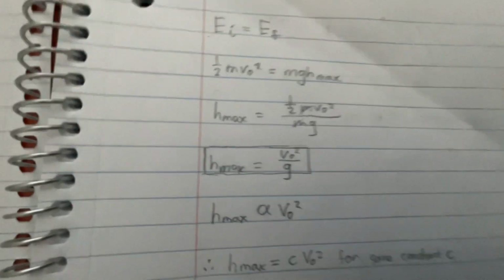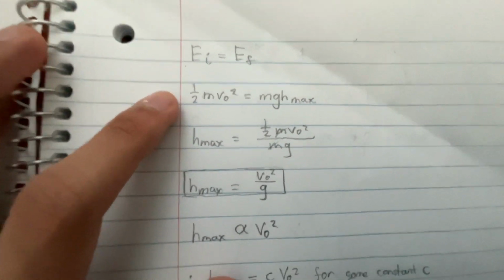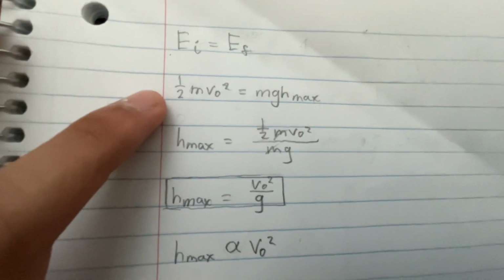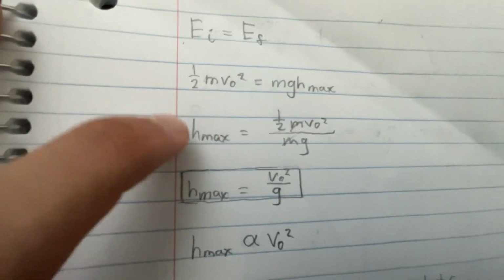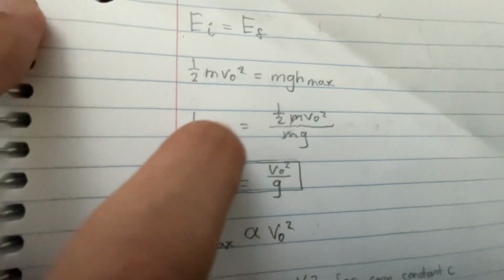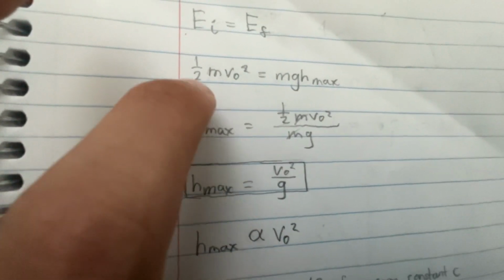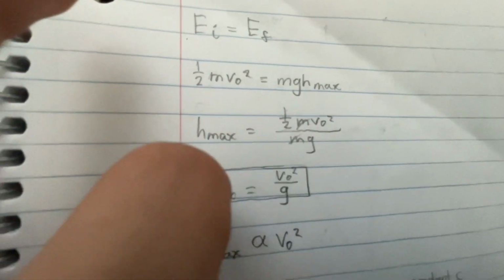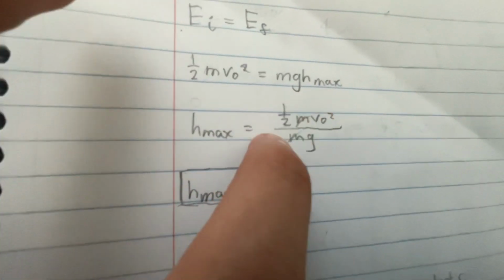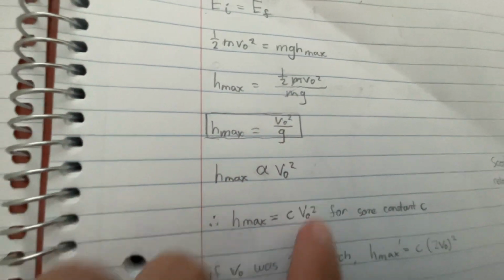So we combine these together, and the m cancels out. Then some algebra: h max equals 1/2 v naught squared over g, and as I said, those cancel out, so h max equals v naught squared over g.